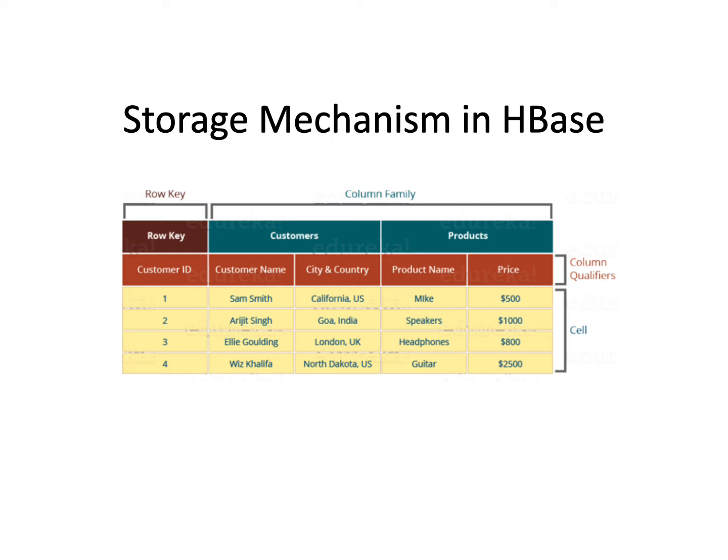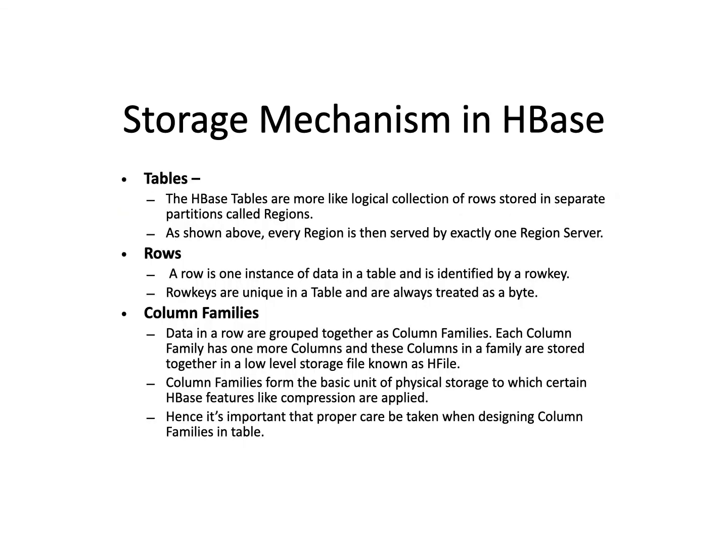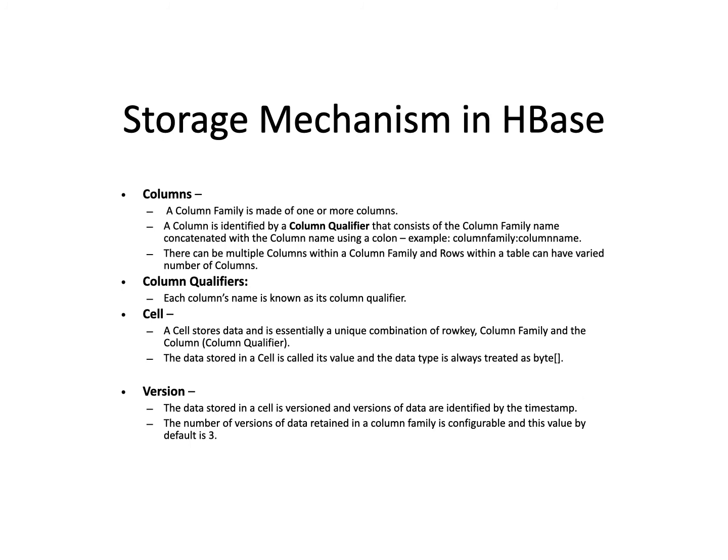Here in our example, each column family consists of two columns, and a column is identified by the column qualifier, which consists of the column family name concatenated with the column name using a colon.